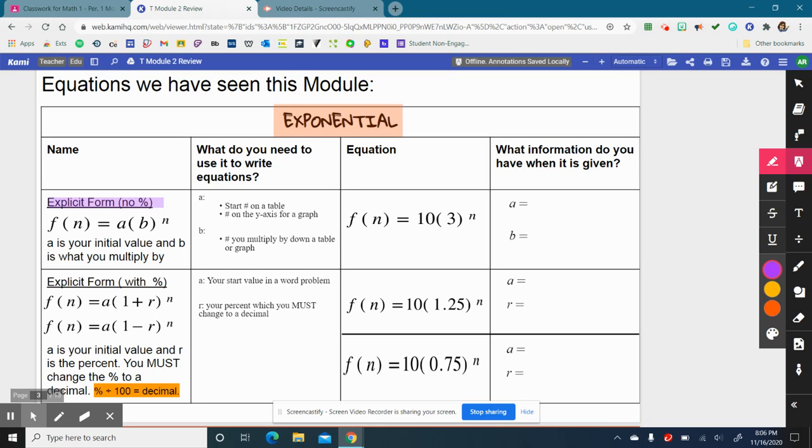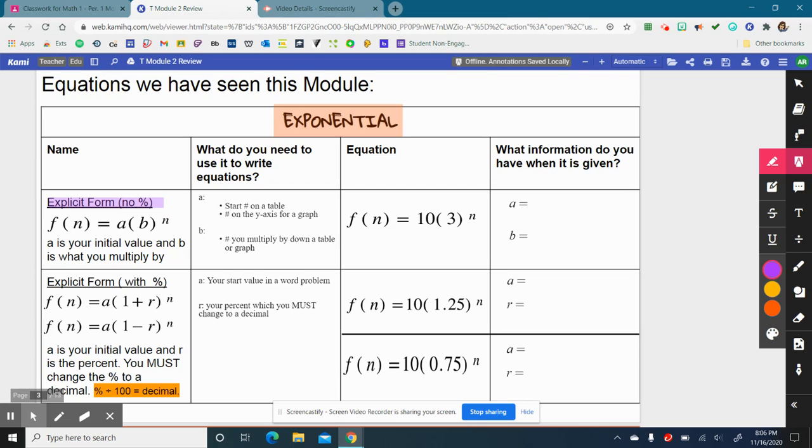Well, on a table, it's your start number on the table, and right on the top right. Or if you're on a graph, it's the number on the y-axis for a graph. Your b value is the number you multiply by down a table or a graph. Because remember, when we were writing out the equations from a graph for an exponential, we still made a table.